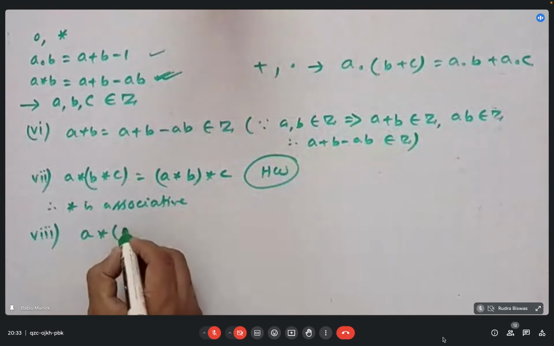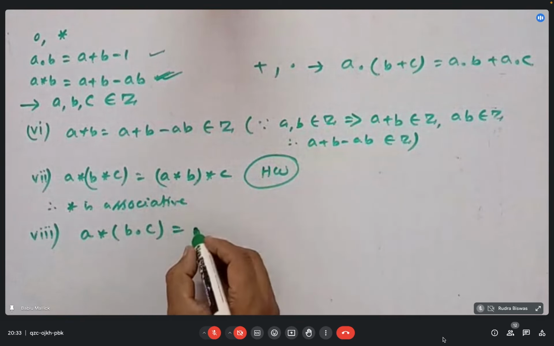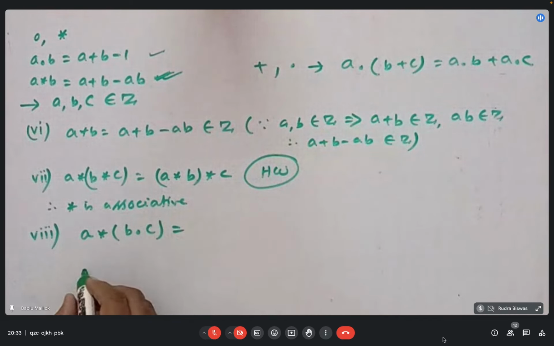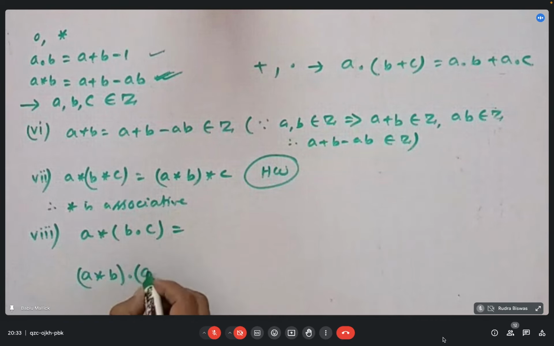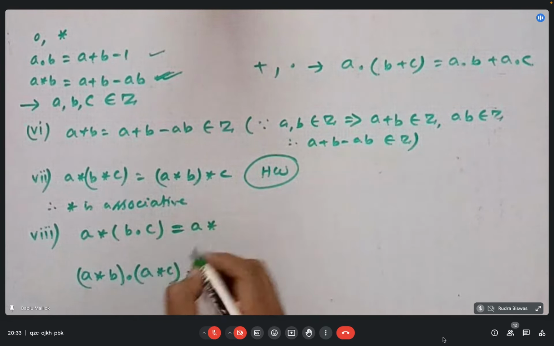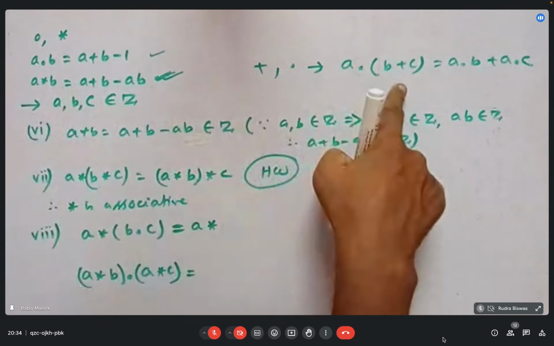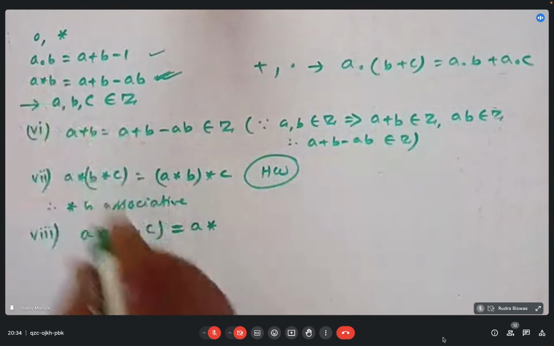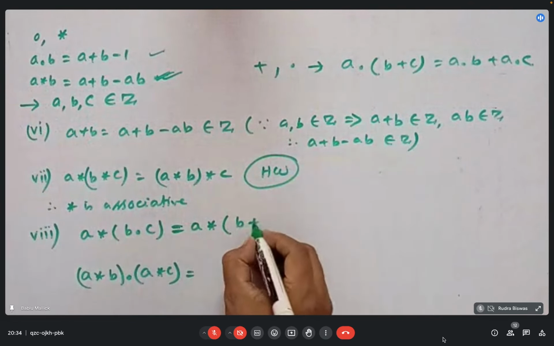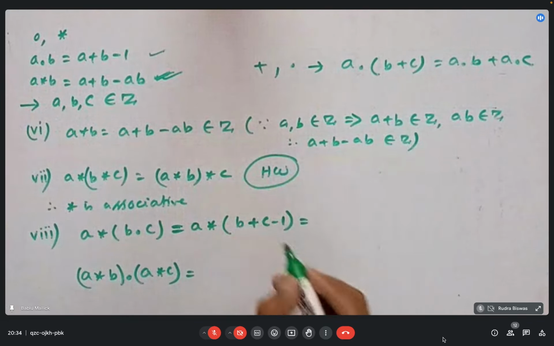So A star (B O C), you have to show that this will be the same as (A star B) O (A star C). So A star (B O C): B O C is B plus C minus 1.